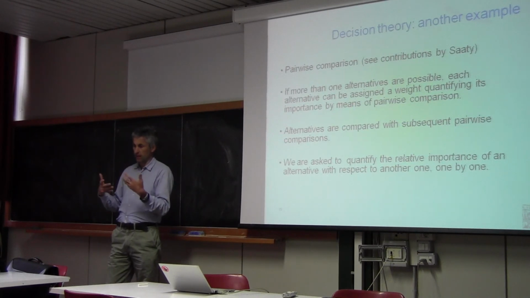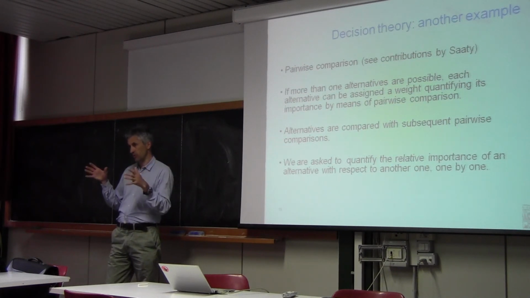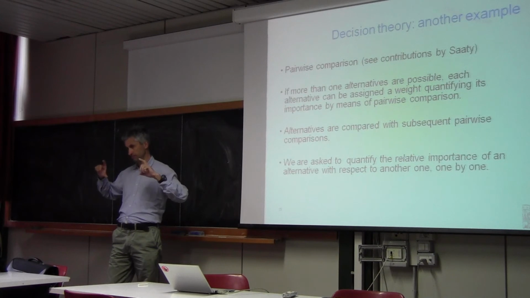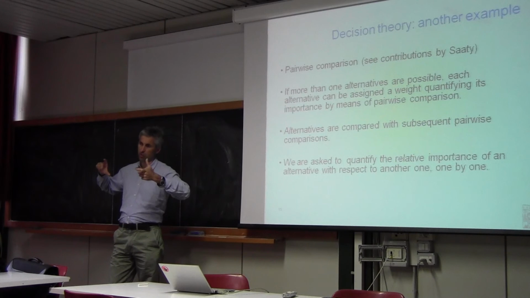And if you want to combine two numbers which have different measure units, you have two operations to perform. First, rescale them so that their range of variability is the same, like bringing these two numbers into the range 0 to 1. This is what is usually done.